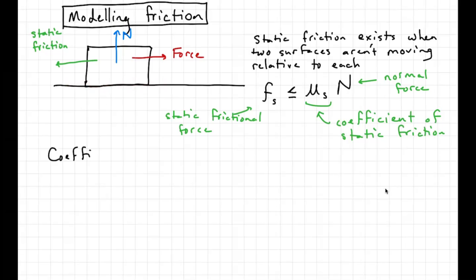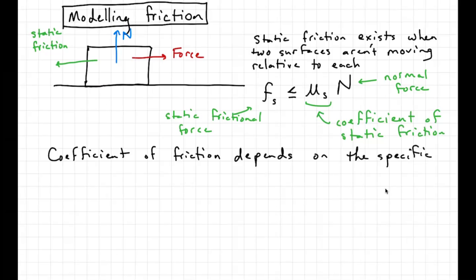The coefficient of friction depends on both materials and what they're shaped like and all that kind of stuff. So I guess I'll say on the specific objects in contact. And this is something you've got to find out empirically. So you have to find this through some experiment.